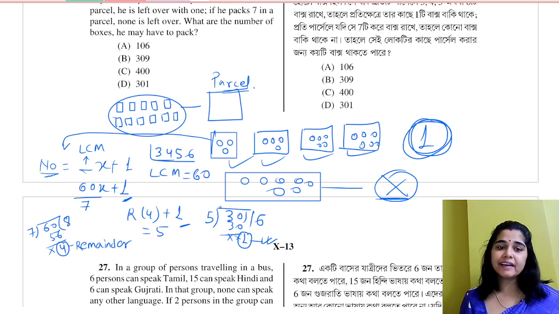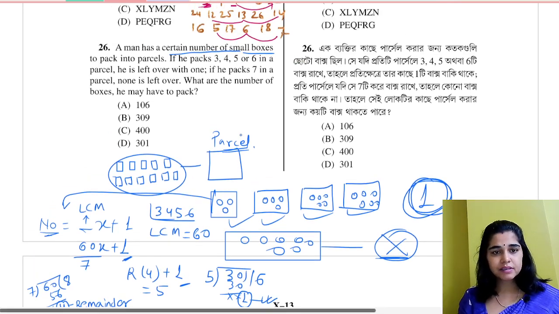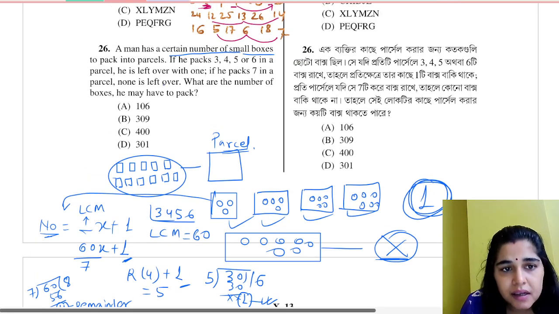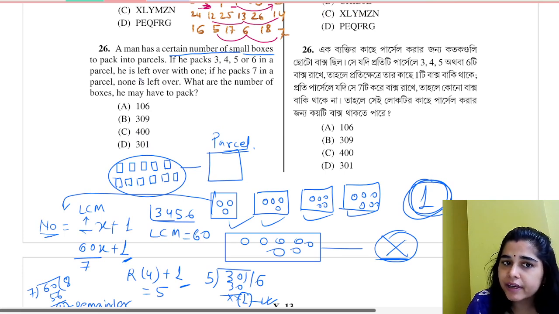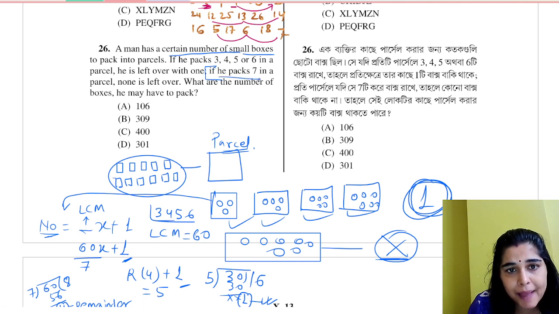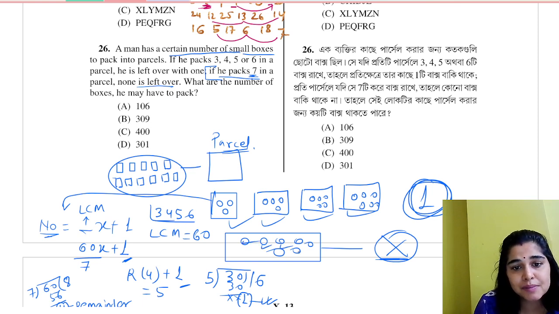Or if you are not getting this question, it's fine. One simple trick is this: they have said that if he packs 7 in a parcel, none is left over. If he packs 7 small boxes into the parcel, nothing is left over.